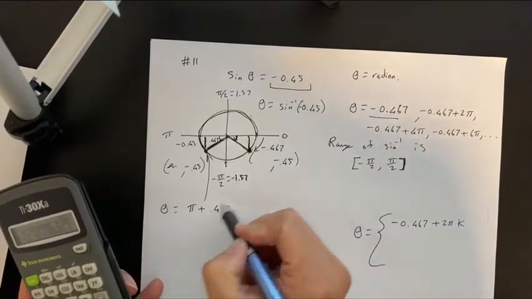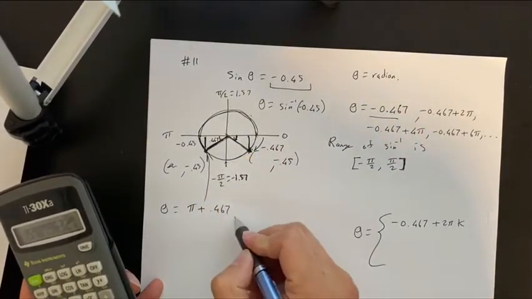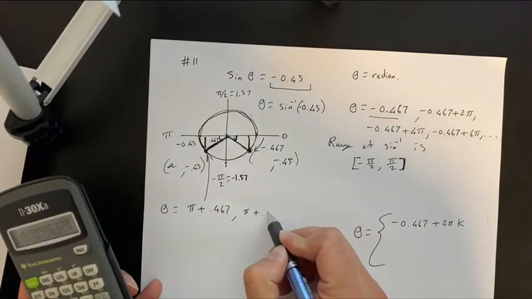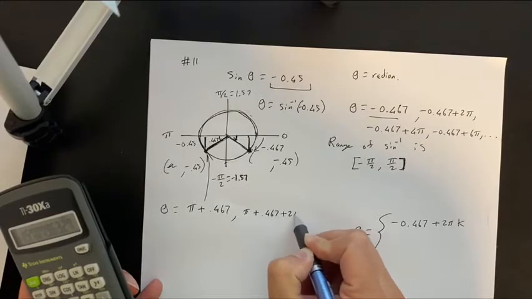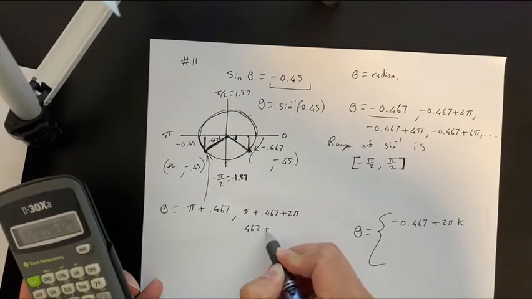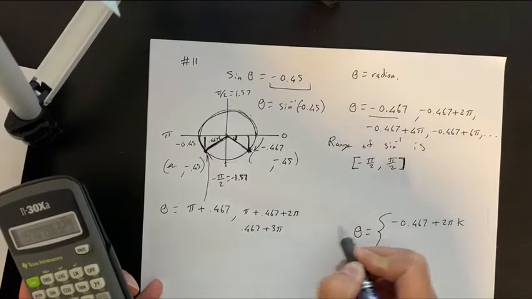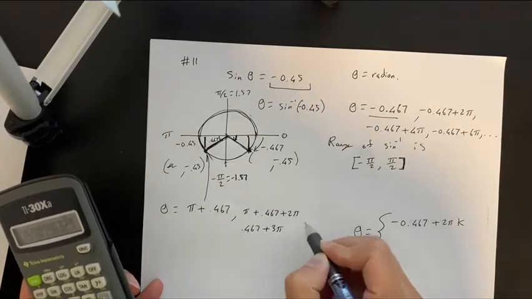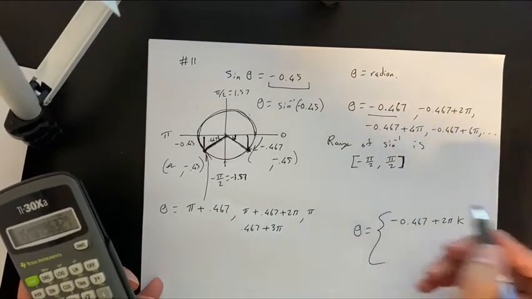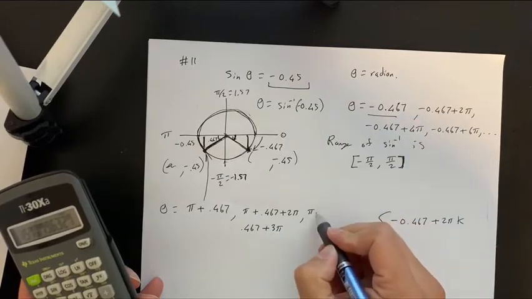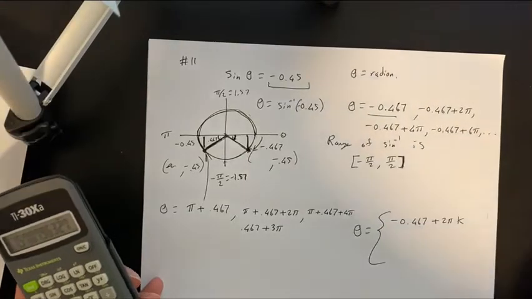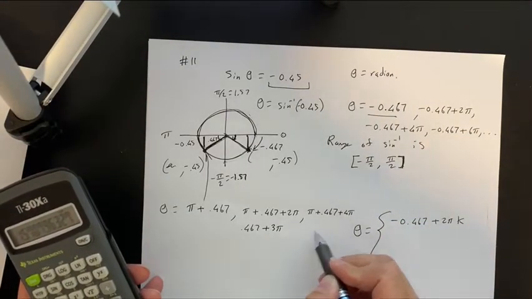Okay, is this the only value that would give you this position? No, you can add 2 pi to this, which is really 3 pi. Or you can add another 2 pi to that guy, and that would be 4 pi. Okay.